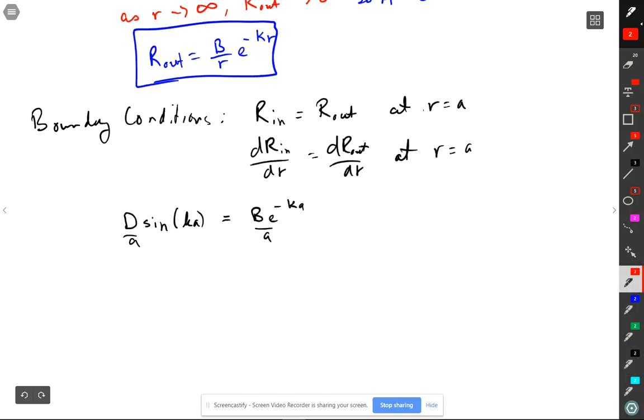And my second boundary condition, just take the derivatives. Now the derivatives are not as simple because I have a quotient, if you will. So what's the derivative of D sine Kr over r?